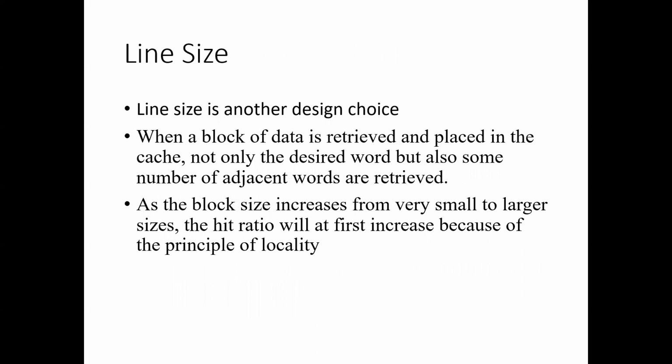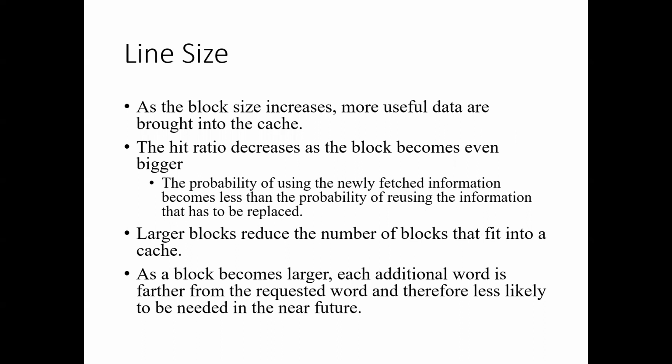Another design choice is line size. When a block of data is retrieved and placed in the cache, not only the desired words, but some number of adjacent words are retrieved. As the block size increases from very small to larger, the hit ratio at first will increase because of the principle of locality. It later levels off.